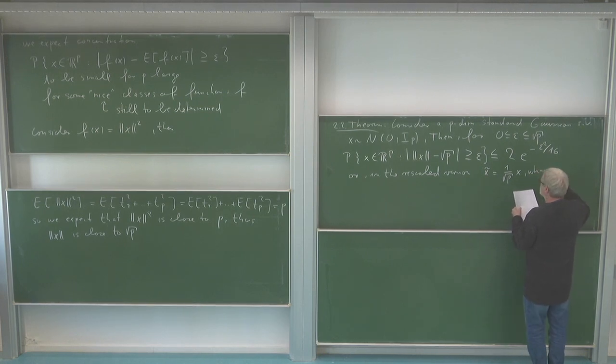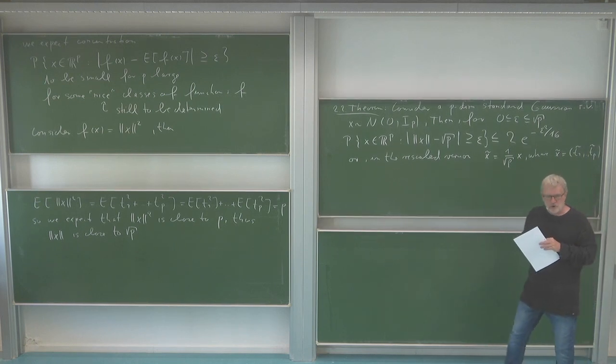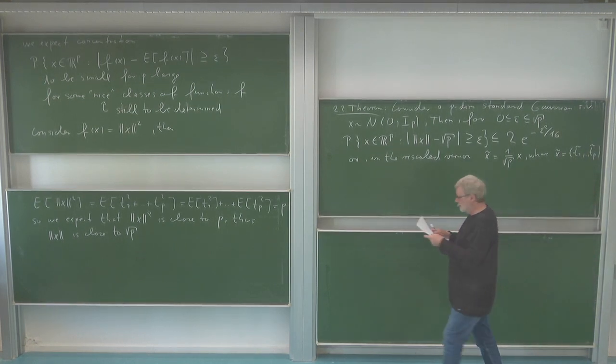Okay, and let me also denote the components of the x tilde by t1 tilde up to tp tilde, and then of course the x tilde still has independent components, but now each of them has a rescaled Gaussian distribution.